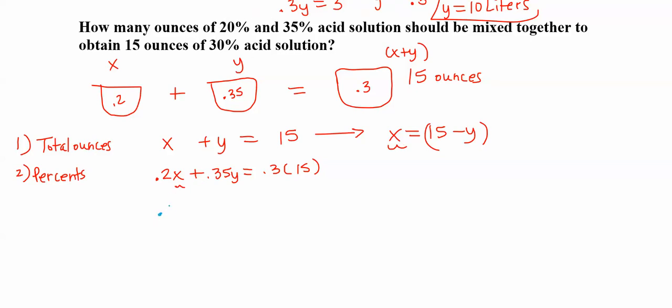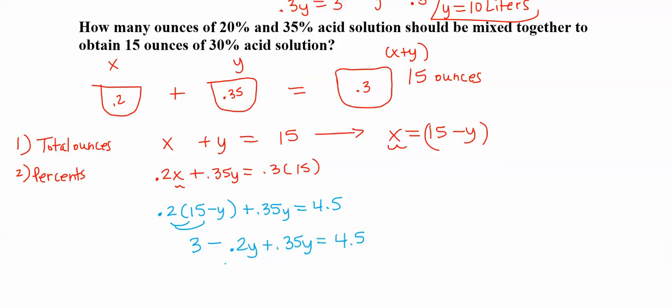So 0.2 times (15 minus y) plus 0.35y equals 0.3 times 15, which is 4.5. Clear parentheses. So 0.2 times 15 is 3, minus 0.2 times y is 0.2y, plus 0.35y equals 4.5.